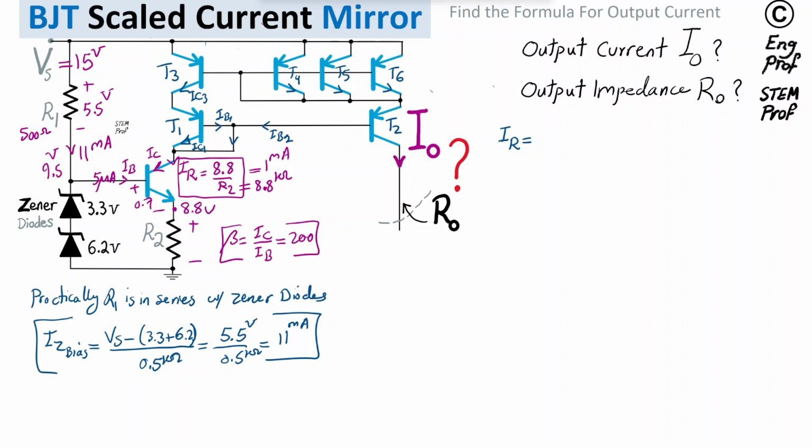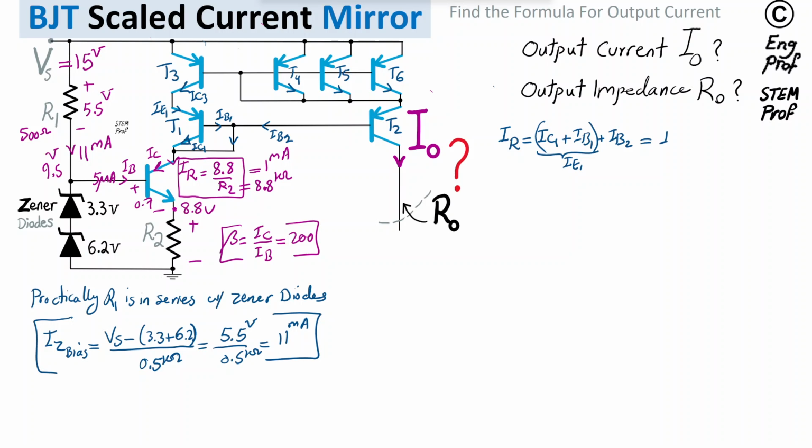So I can say IR is equal to IC1 for this transistor plus IB1 for that transistor as well, plus IB2. Okay, so I used KCL here, but we know that IC1 plus IB1 is basically IE1, the emitter current for transistor 1. I'm going to write it here.